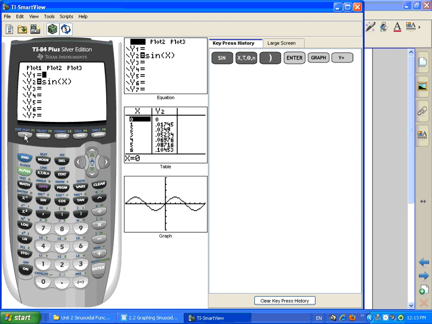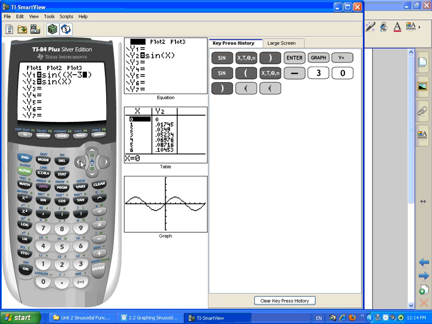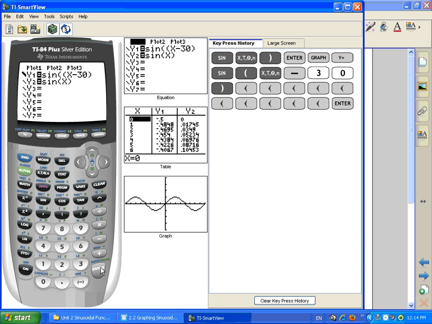And you could go sine, opening bracket, x minus 30, closing bracket. Please don't put your degrees in here. It might just complicate things. Okay, so we're going to graph that. And before I do that, I'm just going to make it thicker so that it's easy to see. Okay, so let's graph it and see what happens.